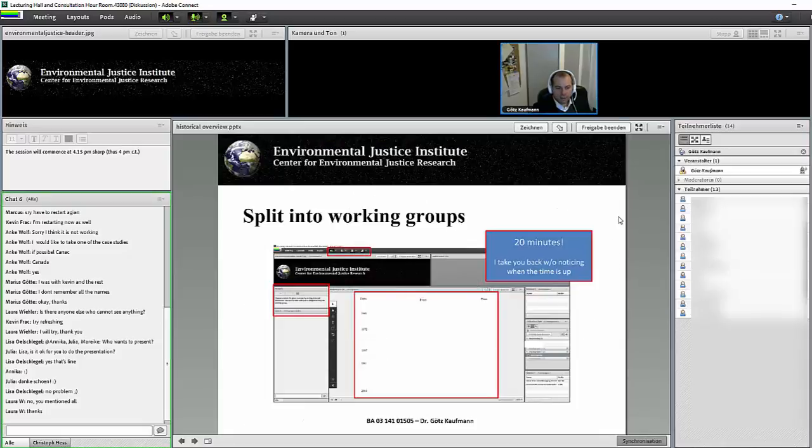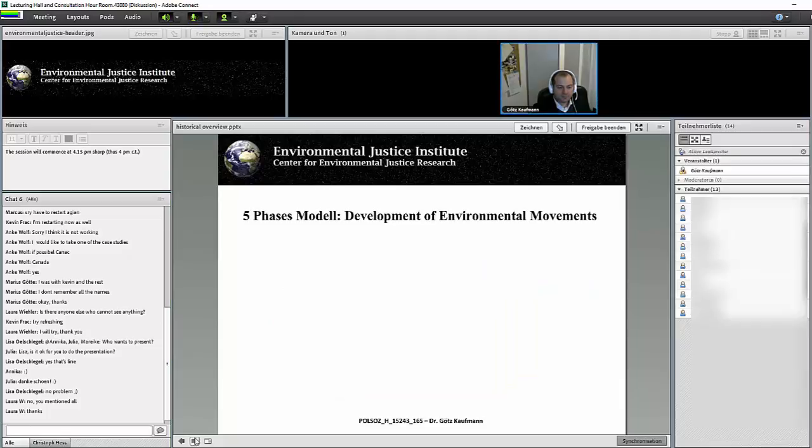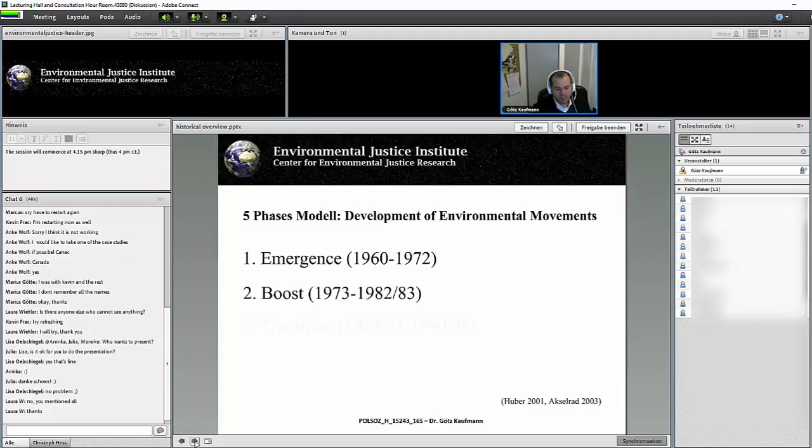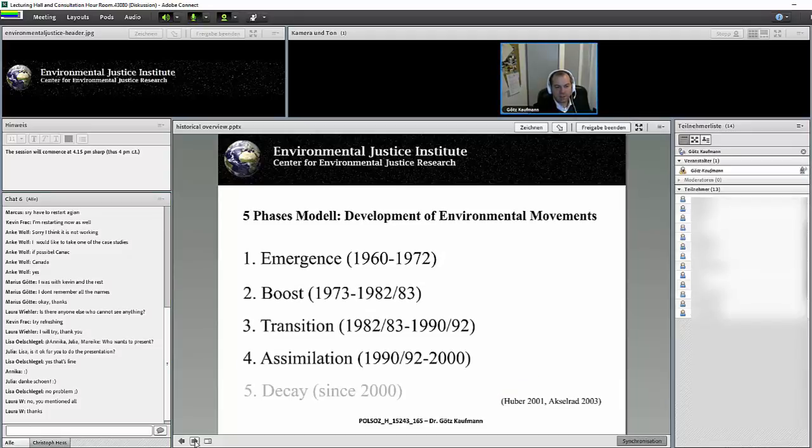But back to the presentation. Let's quickly go through this. I don't have to repeat myself, as you have drawn this already from the data. The boost phase from 1973 to 1982 is interesting insofar as this has been the time when the environmental justice movement emerged.